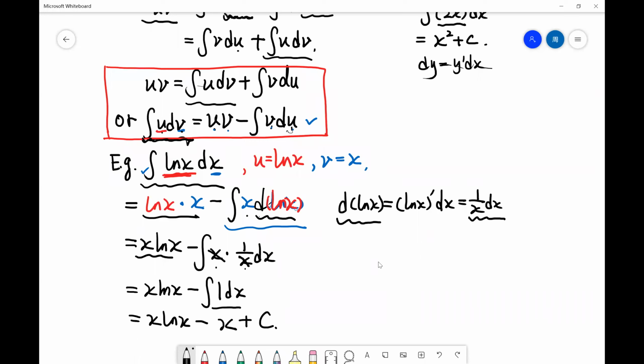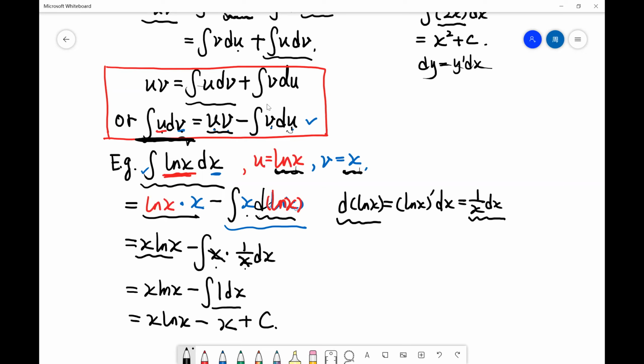So here, if you have decided which part is U and which part is V, then for this formula, we have decided U be ln x, right? And V be x, right? So from the formula, the first is U times V. So the first part is ln x times x. I think you can understand it, right?